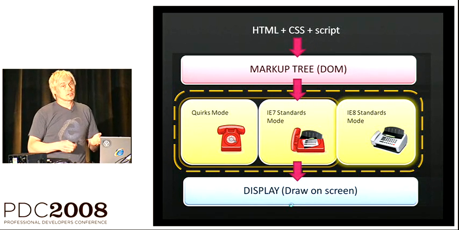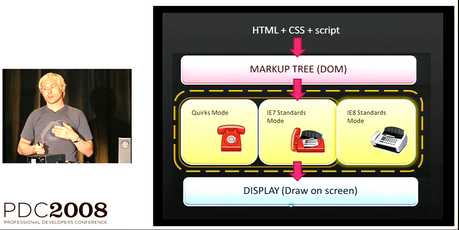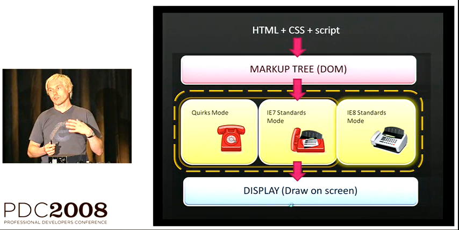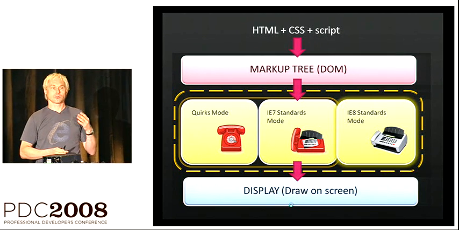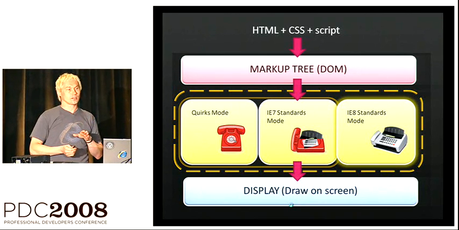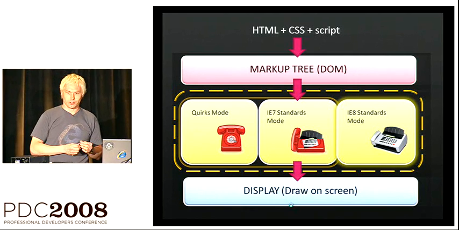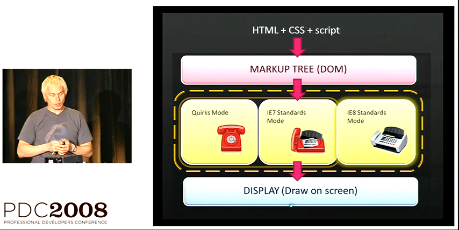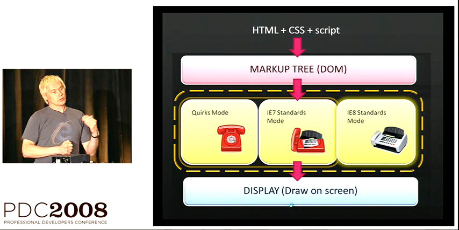And that's exactly right. You don't want yet another set of bugs to test with. You want as few different things to test with as possible. So we don't want to be anywhere in the middle.